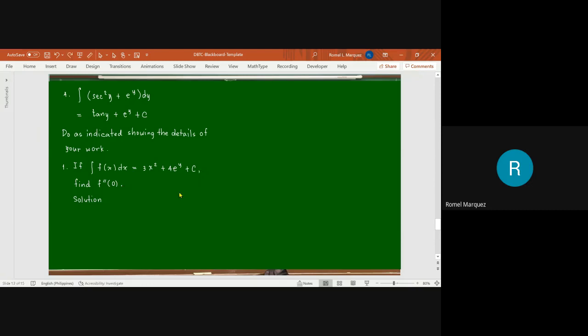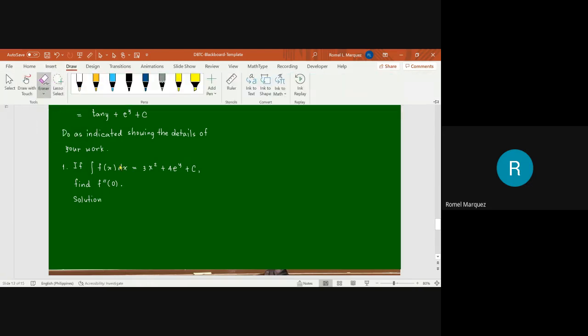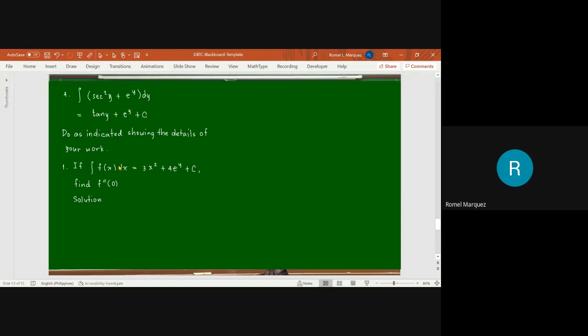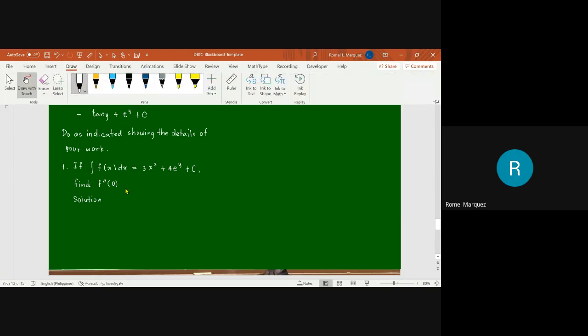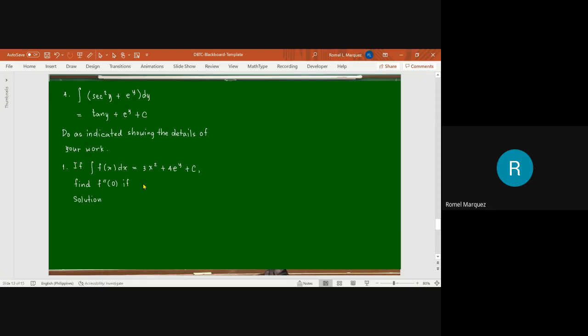If f of 0 is equal to, for instance, 8, no? What is the second derivative when x is 0 of f? Knowing that f of 0 is equal to 8. So let's have this. So again, let us first determine f of x.